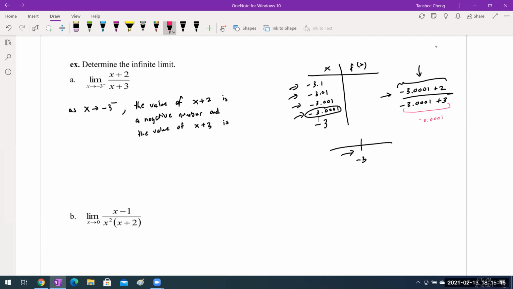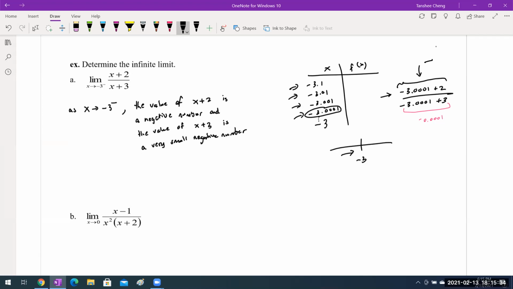It's a very tiny negative number. So this is how we're going to indicate a very small negative number.